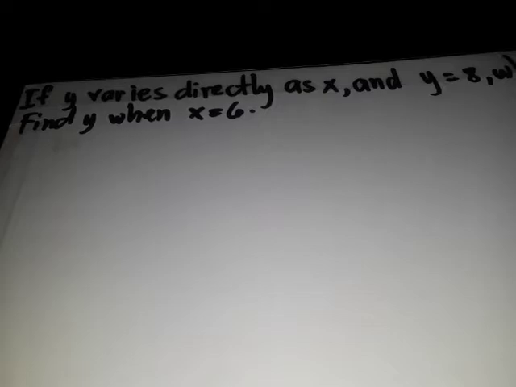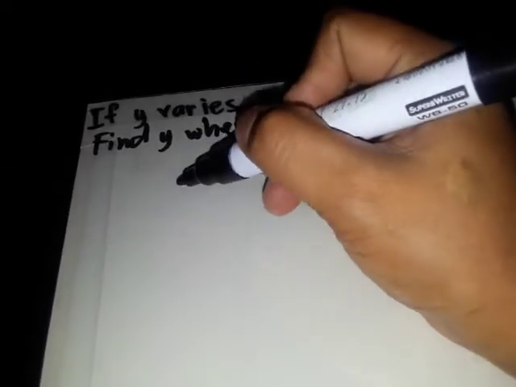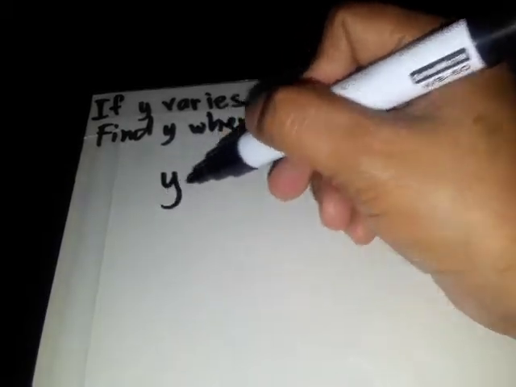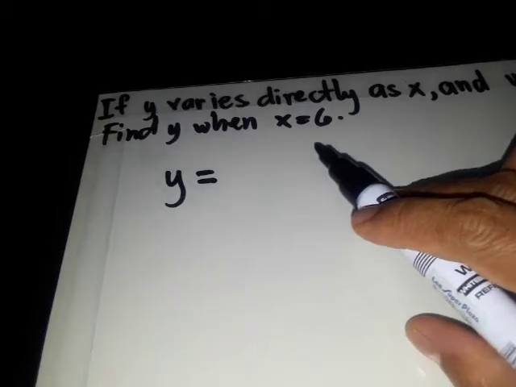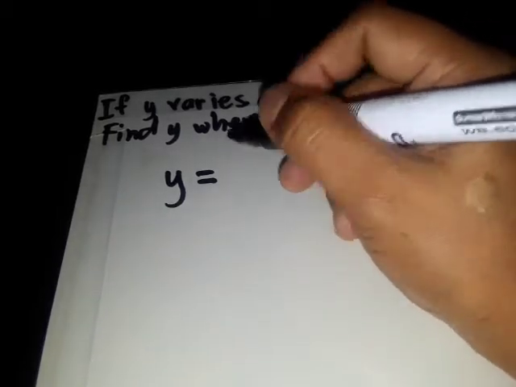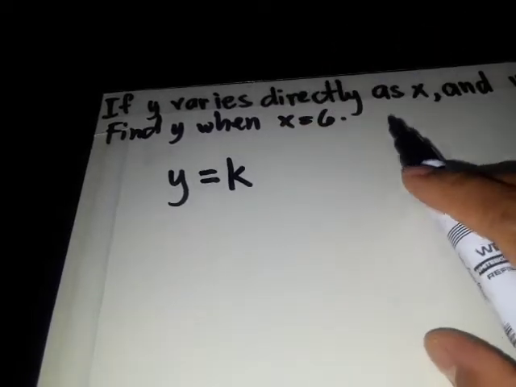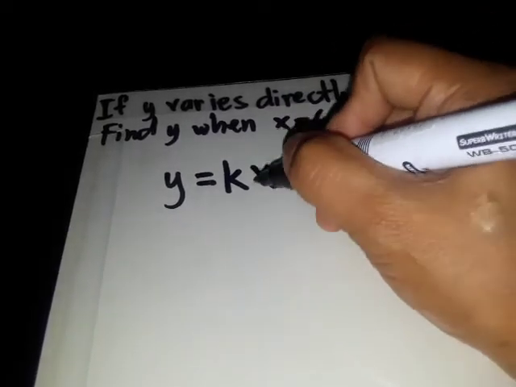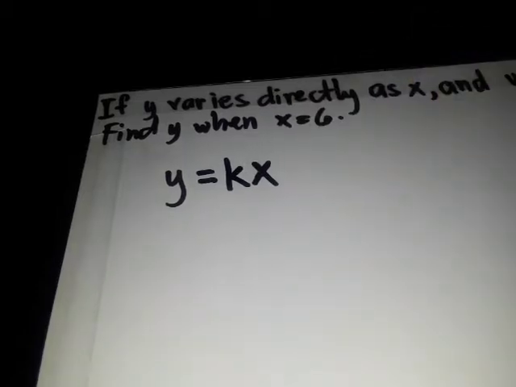So y varies directly as x. So if it varies directly, y is equal to kx. Okay, so why do we have k? The k here is the constant.